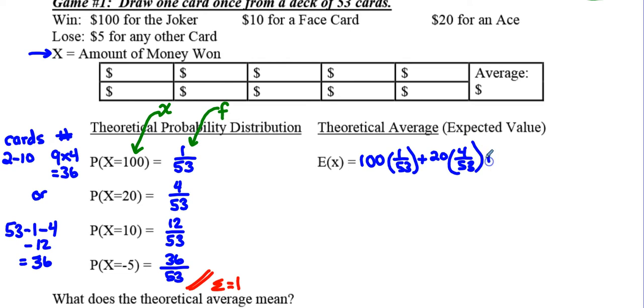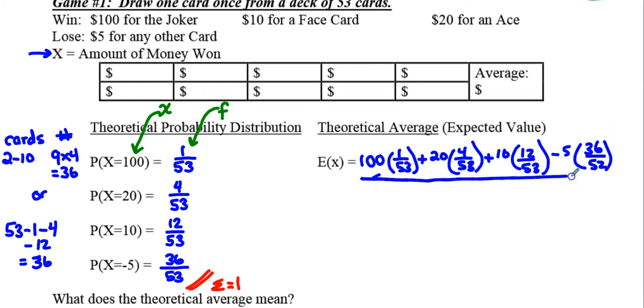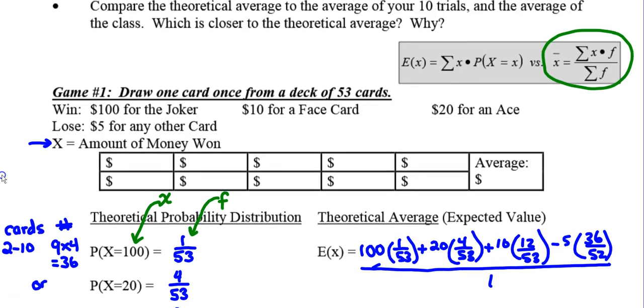The next outcome is $10 multiplied by its frequency, which is 12 over 53. And the last outcome is -5 multiplied by its frequency, which is 36 over 53. And then divide it by the sum of all the frequencies, which is just equal to 1. Because you're just dividing by 1, you really don't have to write that.